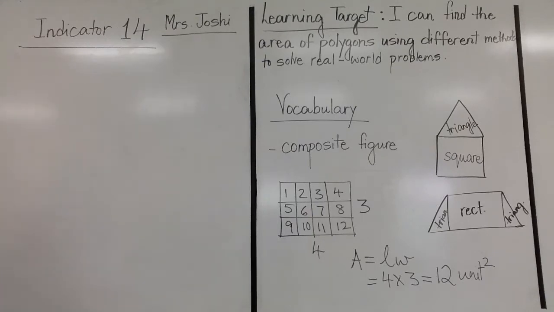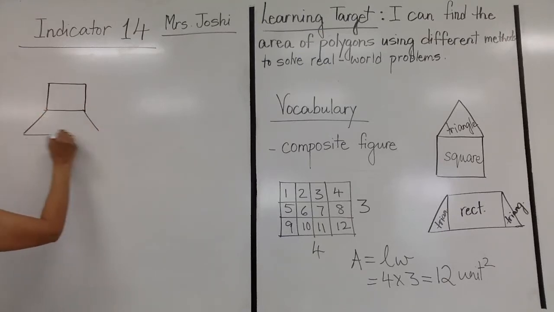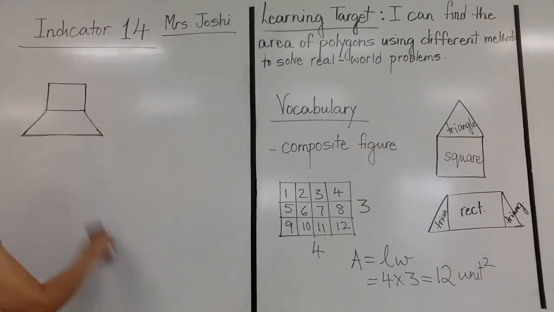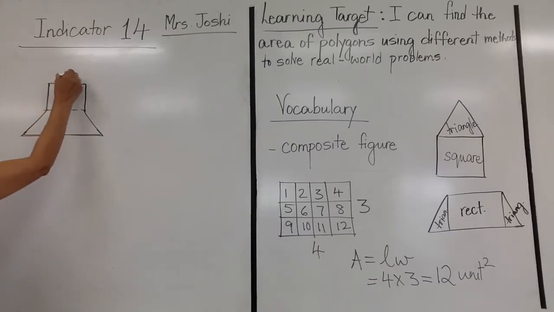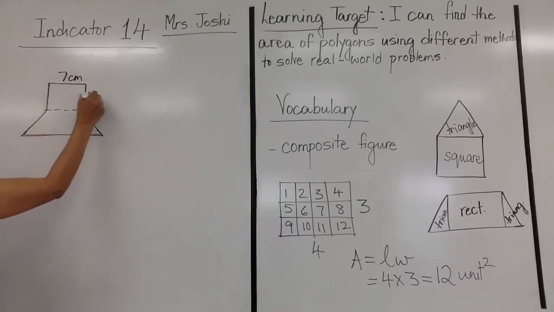So if I gave you something like this and this, and obviously this is inside, so this would probably be shown to you as dotted lines. And then we were given this is 7 centimeters, this is 4 centimeters.